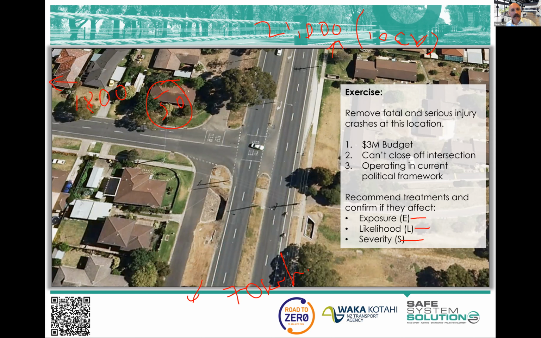It's quite well set up for traffic signals in that sense. So just signals is 2.5. I saw another question come in. Remember that exposure, likelihood, and severity.